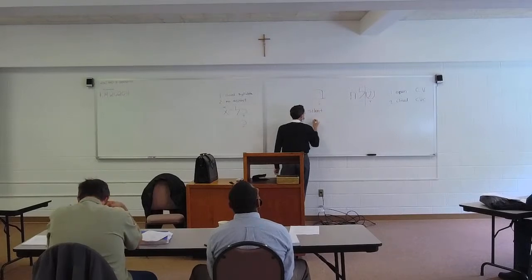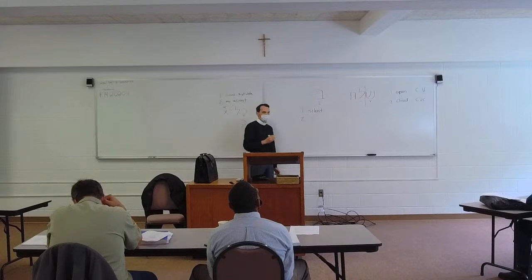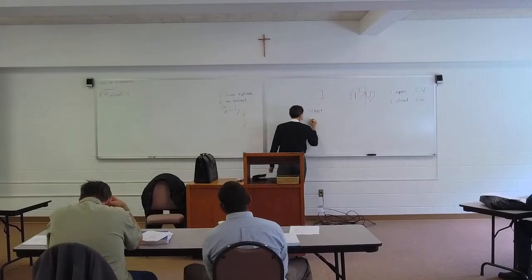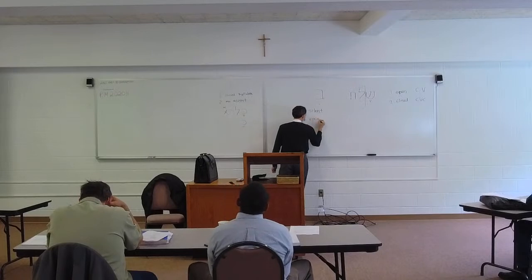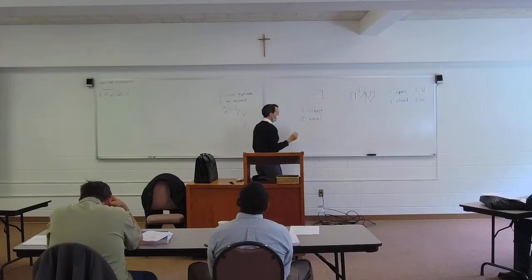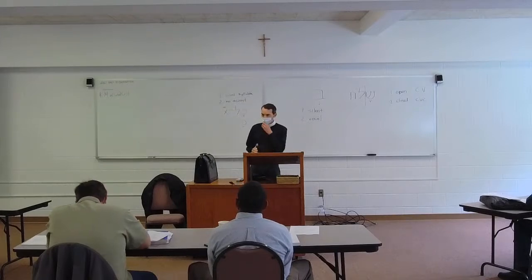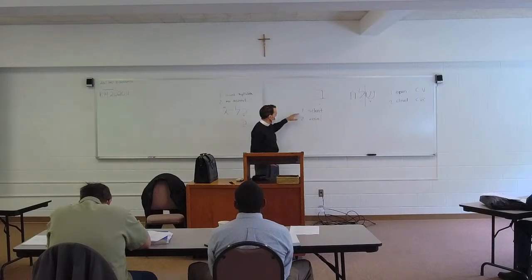That would make sense, realizing that it's there to mark the absence of a vowel. But there is a vocal situation of the shva, a vocal one. And I'll show you some examples here, but don't let this fool you. The shva isn't a vowel.